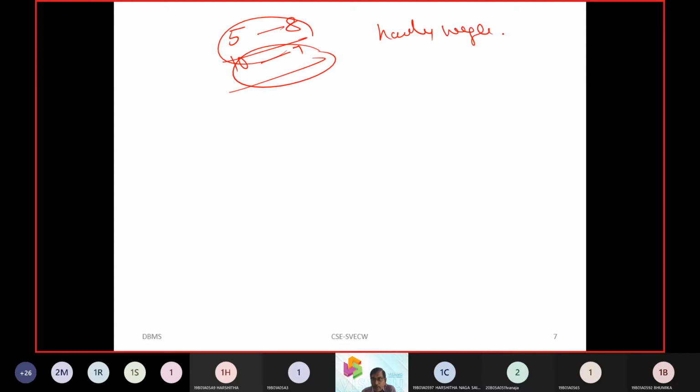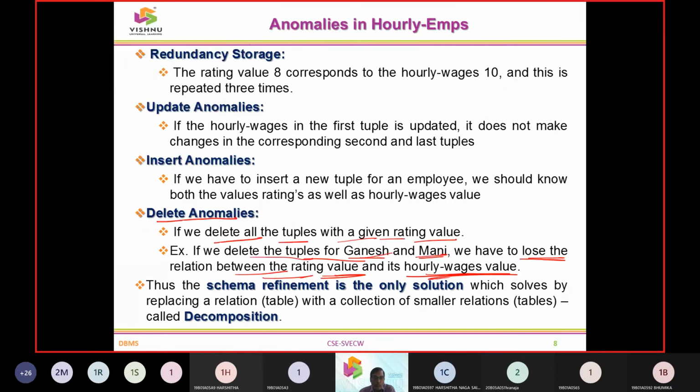So, what are rating values? I have 5, I have 10. Similarly, we have 8 and we have 7. So the relationship is going to be lost between hourly wages and rating. So with these 3, now redundancy is struck.